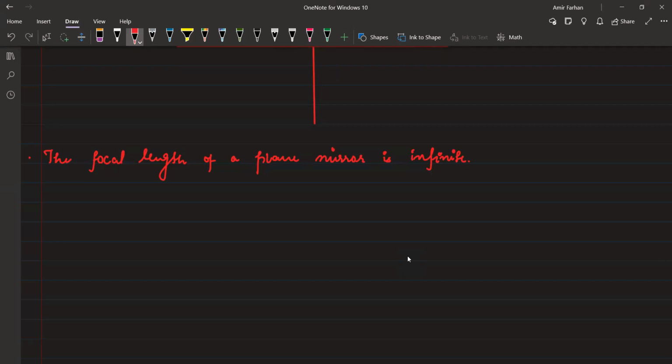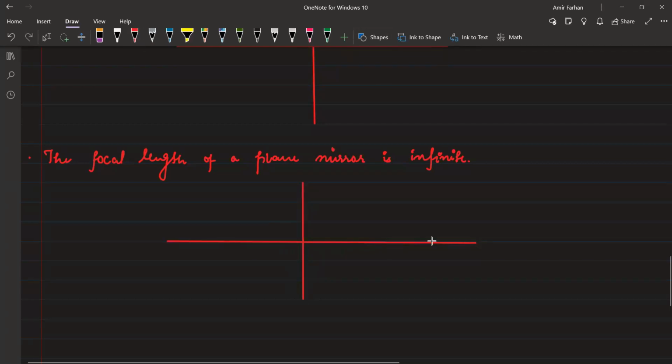Achha, dekho dekho, koi baat nahin. Let's see. Suppose this is a mirror, and the principal axis passes through it.